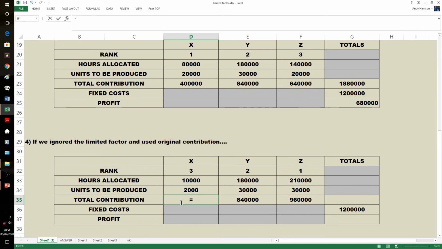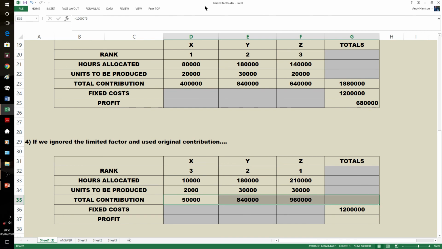This one though, we're going to make 2,000, and it was £5 per hour, so actually it should be 10,000 times 5 or 2,000 times 20. Either way, it's just going to come to 50,000. So we can do hours times the contribution per hour, units times the contribution per unit.